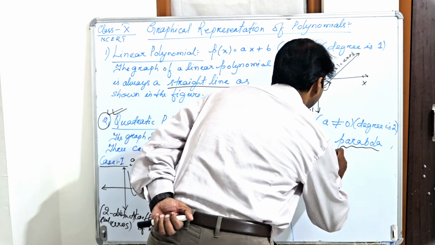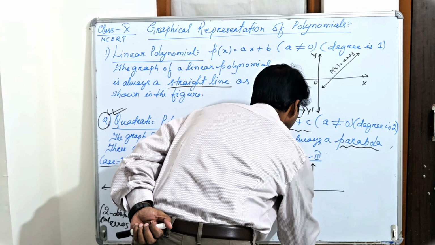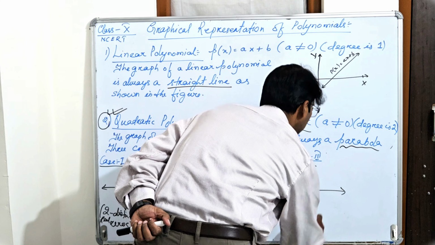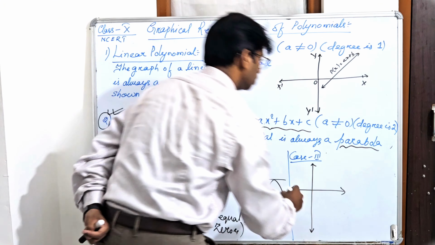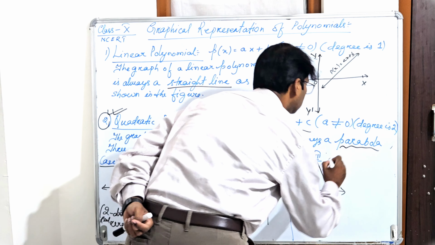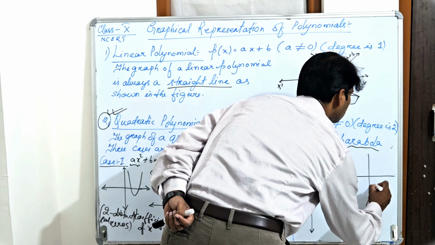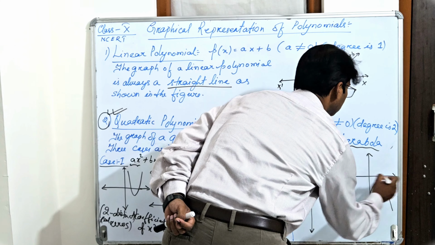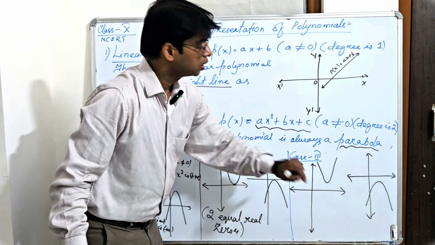Case 3 is again another special case. Here the parabola will be there, but it will not be intersecting the x-axis, nor touching the x-axis. So it will be opening like this without touching the x-axis. Here also without touching the x-axis. In both cases you see parabolas are there, but they are not touching the x-axis.